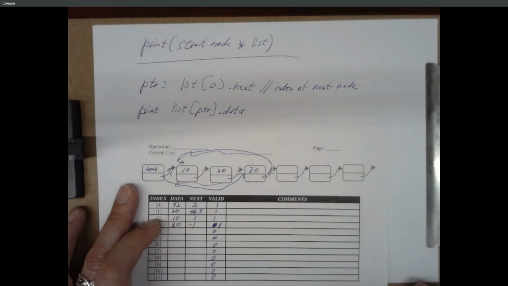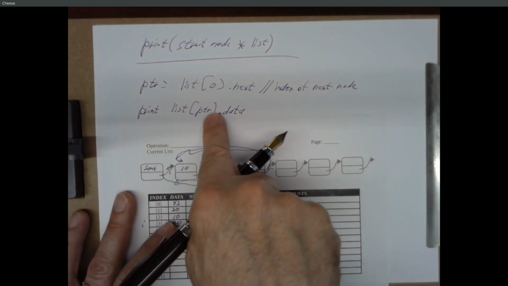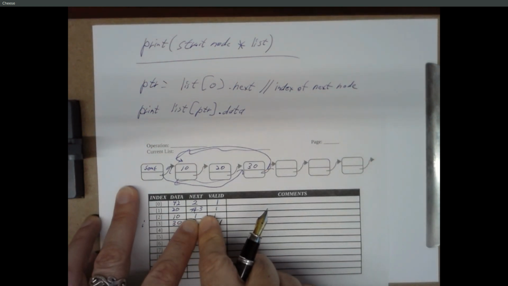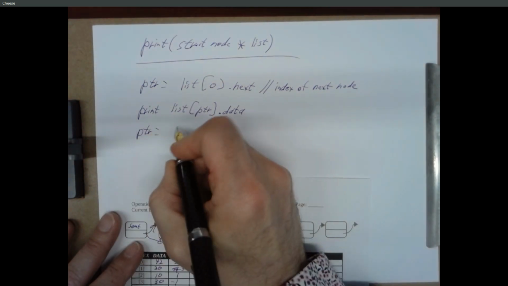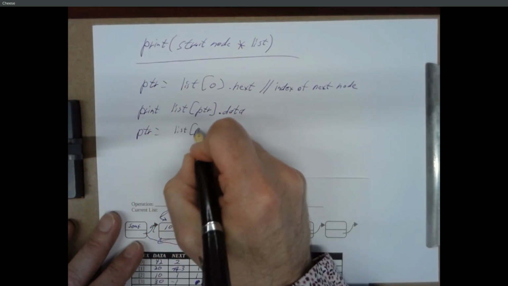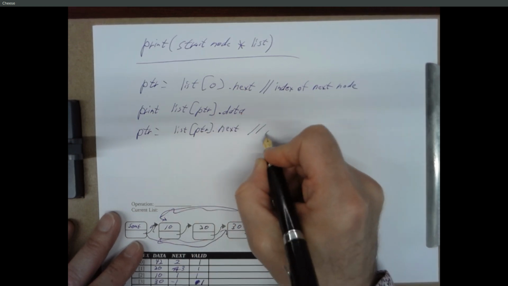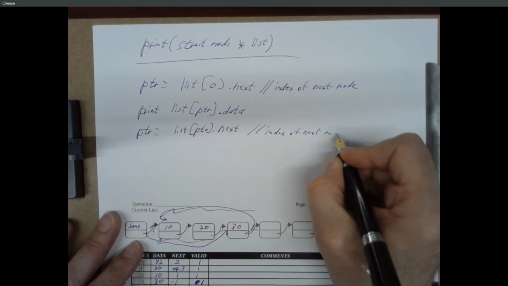All right, how do I get to the second node in the list? If I look at my current node, and instead of looking at the data value, I look at the next value, that'll be the index of the next node. So if I say pointer equals list bracket pointer dot next, that's the index of the next node.